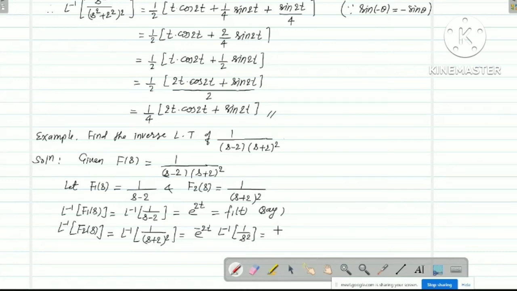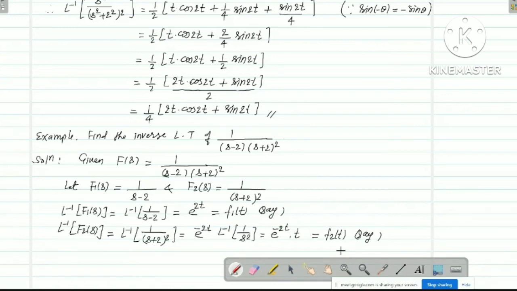It is t, or t raised to n minus 1 divided by (n minus 1) factorial, but n here is 2, so 2 minus 1 is 1, t raised to 1 by 1 factorial, so simply t. So the whole thing is e raised to minus 2t into t, and this is equal to the function f2(t).